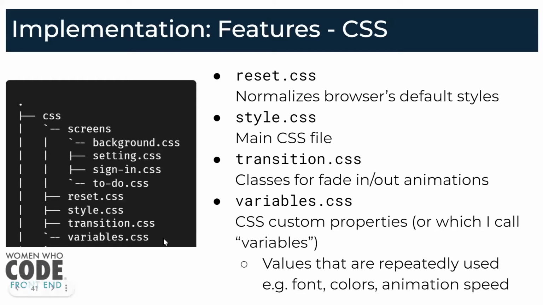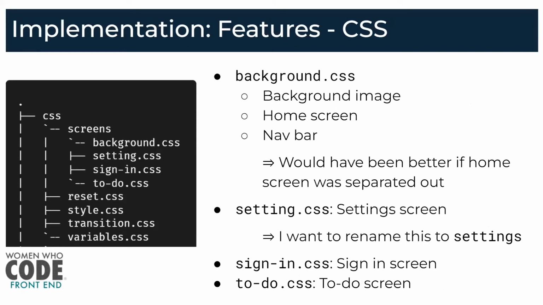And I also created variables.css, which has CSS custom properties, or which I call variables. And I basically made the values that are repeatedly used into variables, such as font, colors, or the speed of animations. And background.css has background image, home screen, navigation bar.